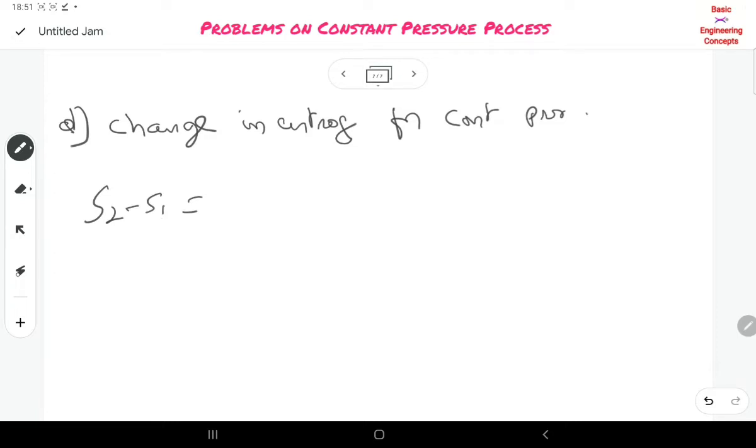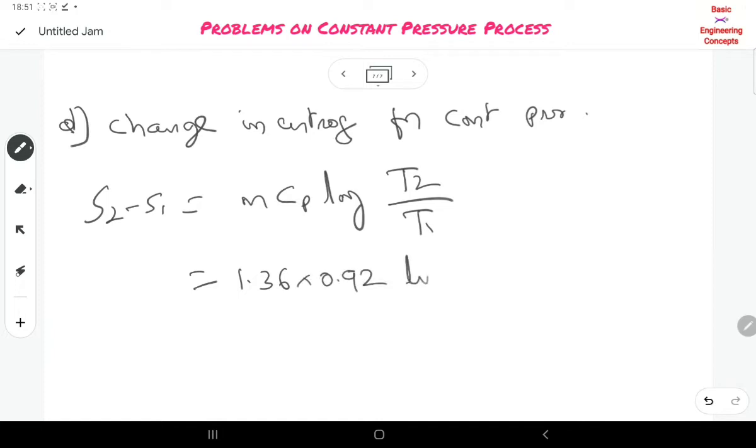You just go through the classes to see how this formula is derived, that is m Cp ln T2 by T1, where m is equal to 1.36, Cp is 0.92 into log base e of 576 by 288, just put the brackets.